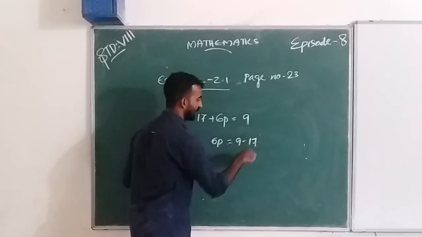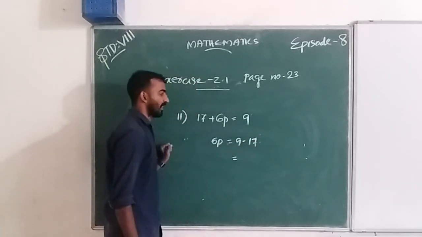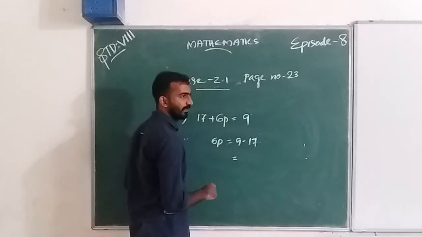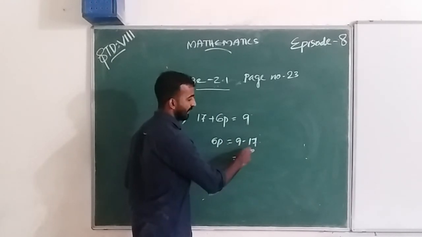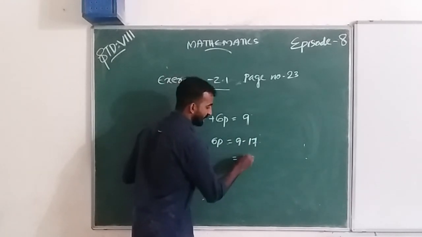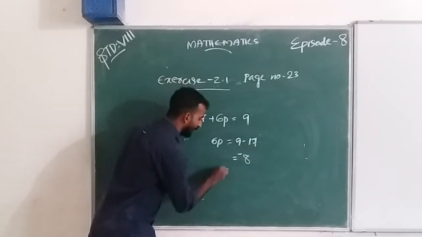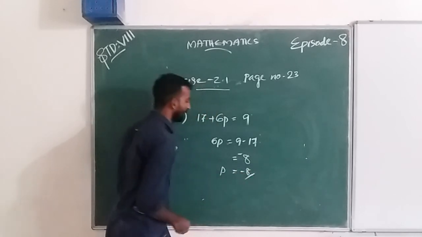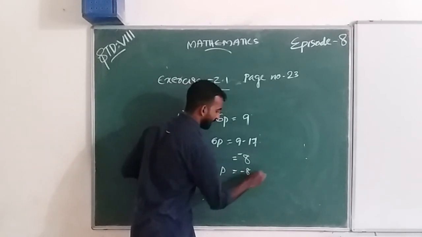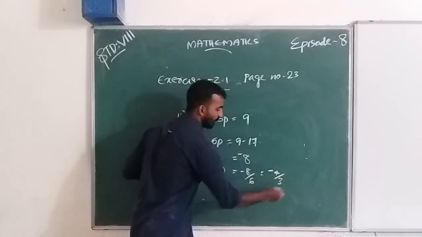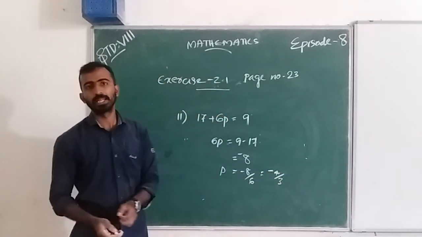That is what we get, 9 minus 17, that is negative 8. And b equal to negative 8 by 6, we can write negative 4 by 3. Value of b is negative 4 by 3. This is the answer.